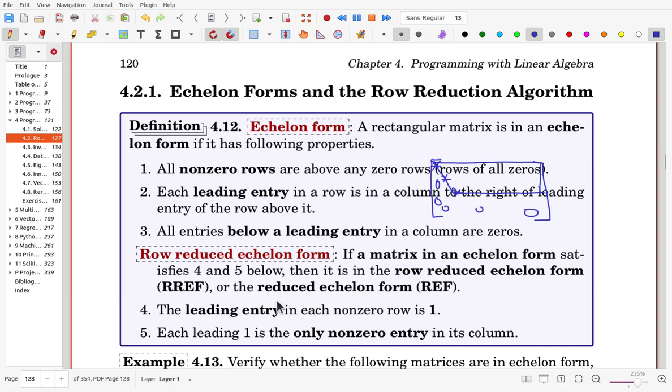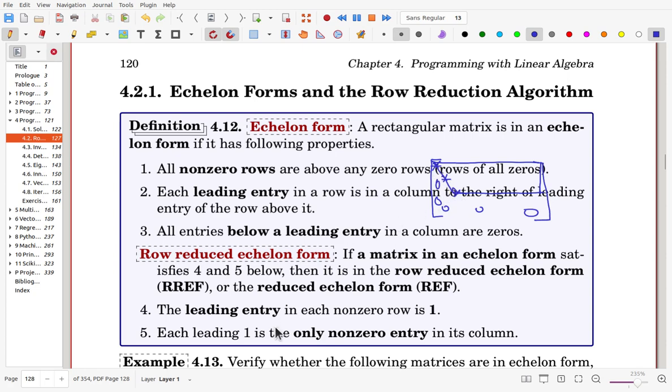Now, if two extra conditions are satisfied, then it is called row reduced echelon form, or simply reduced echelon form. The leading non-zero entry in each non-zero row is 1. By scaling, you can make the leading entry become 1.